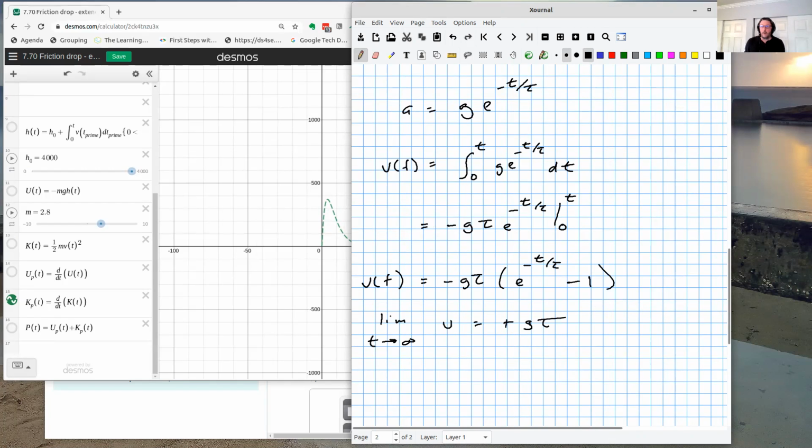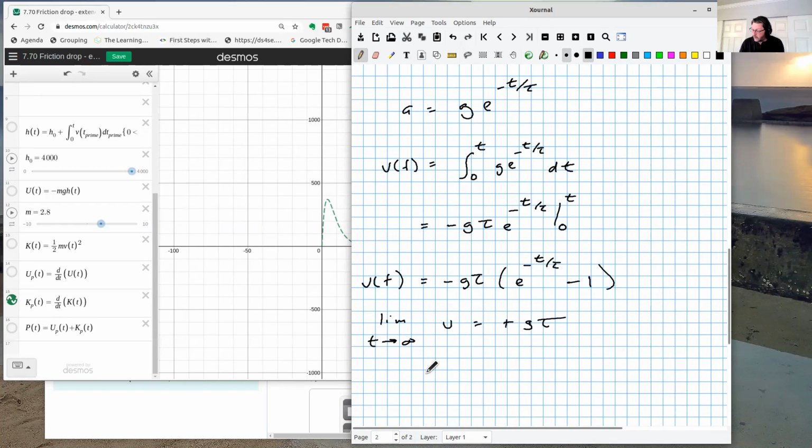Okay. Then we're basically almost done with one part of the problem. One part of the problem was to figure out how quickly the potential energy changes in the limit. We could plug that right in to mg.